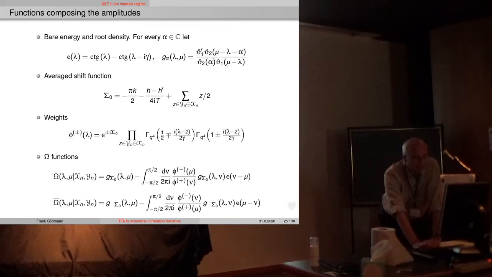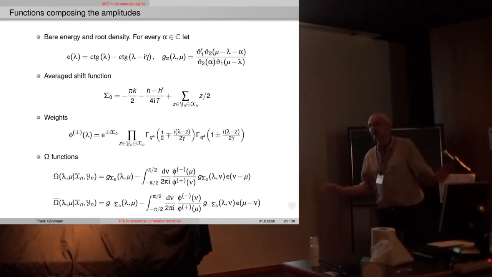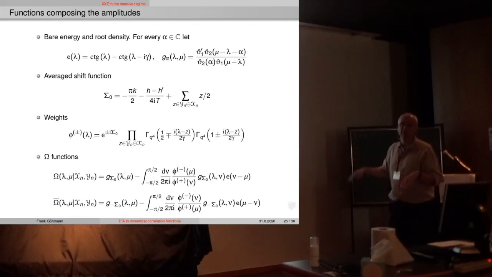It's the difference where we sum up all particle roots and subtract all hole roots. And it's the average shift function. Then there are some weight functions, phi plus minus, again products of q-gamma functions. And finally we can define omega.